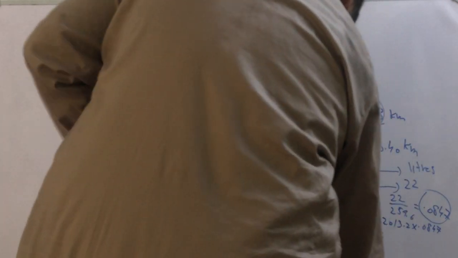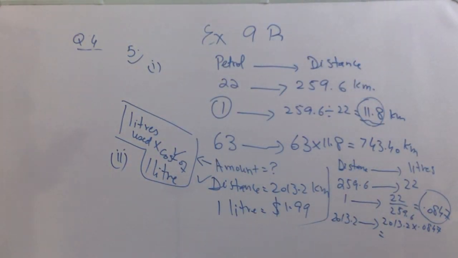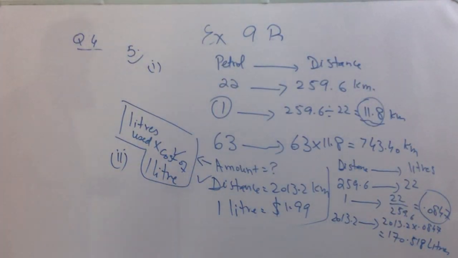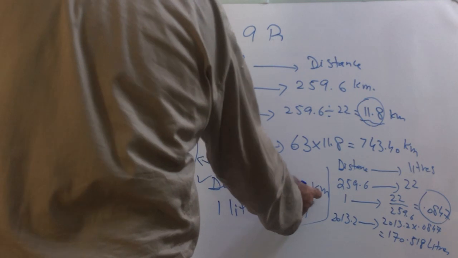So it will be 2013.2 multiplied by 0.0847. It becomes 170.518. These are the liters we calculated to cover the distance of 2013.2 kilometers.